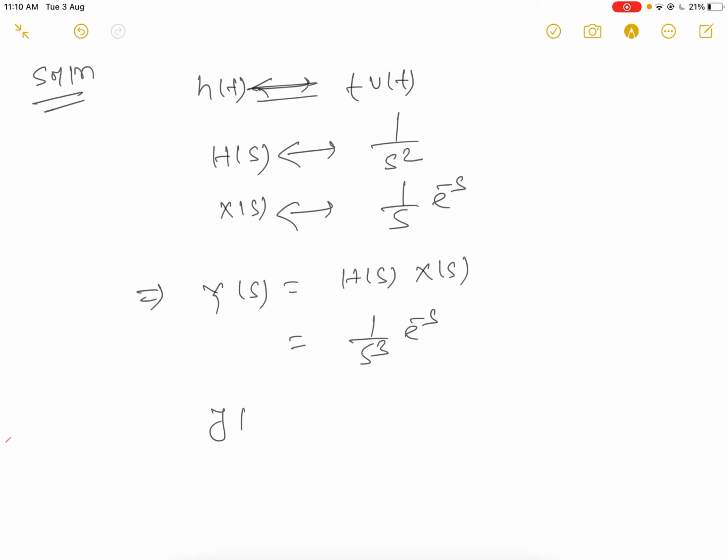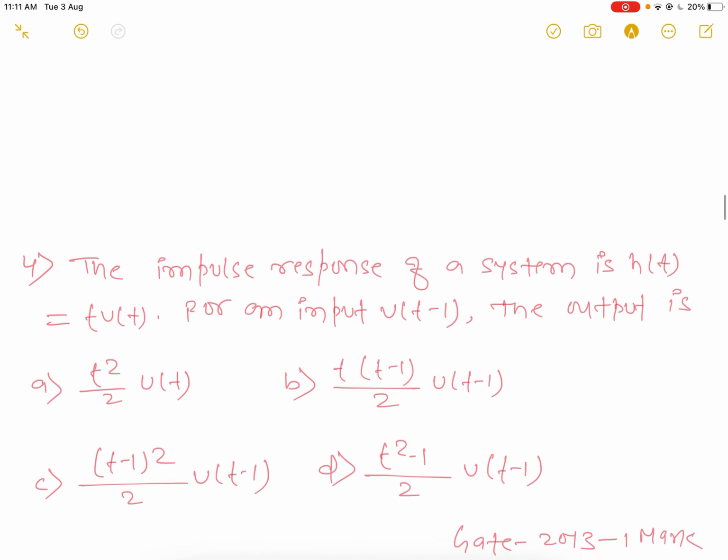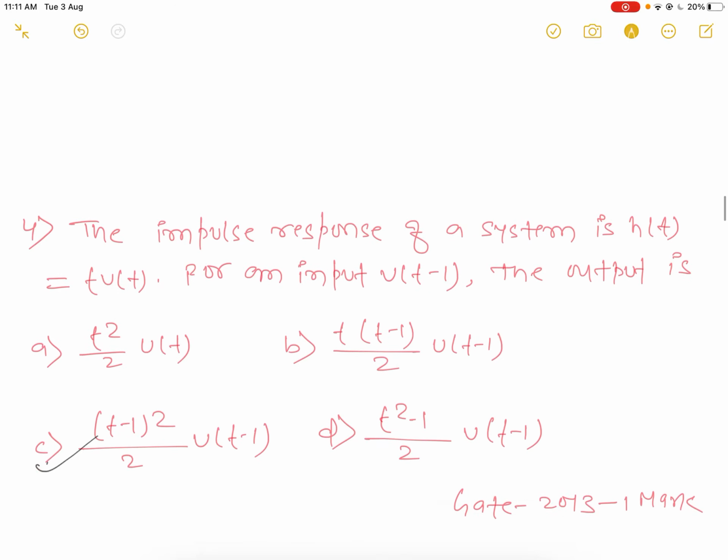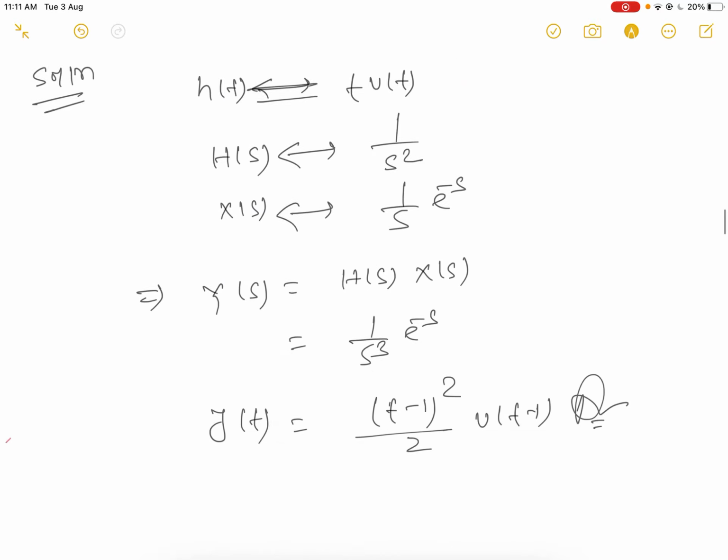So the inverse Laplace transform will be (t minus 1) square upon 2 u(t minus 1), because of 1 unit shifting. So the right answer will be C.